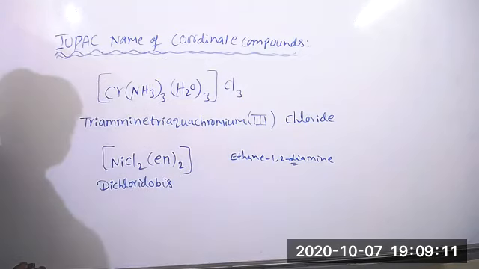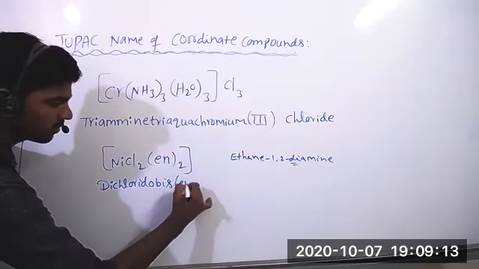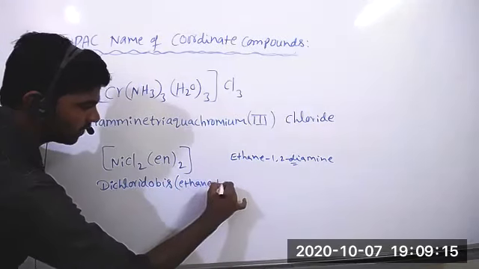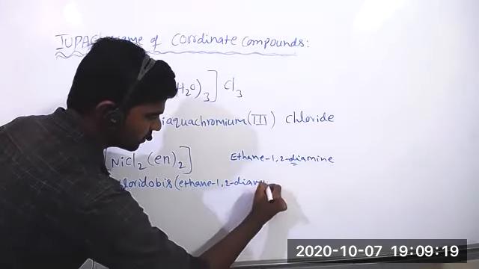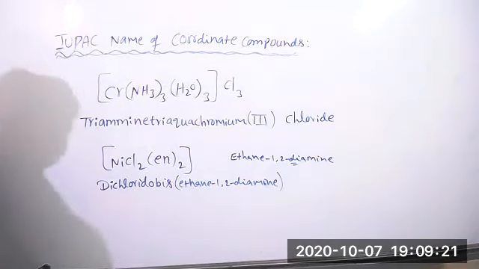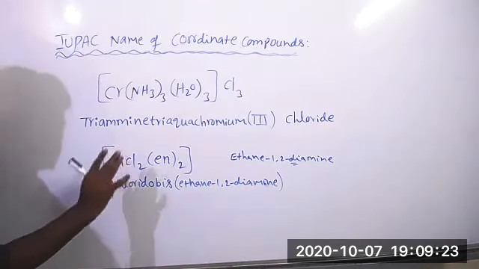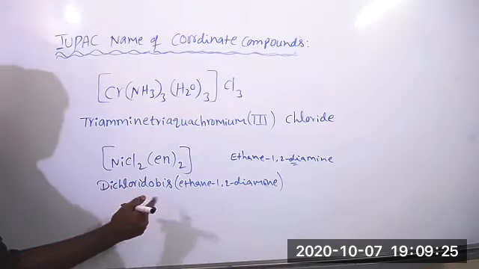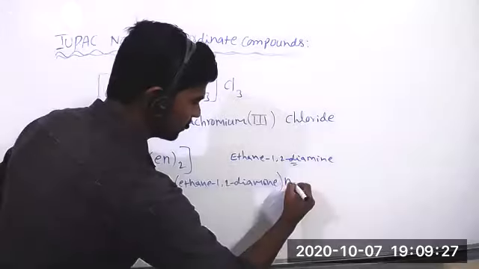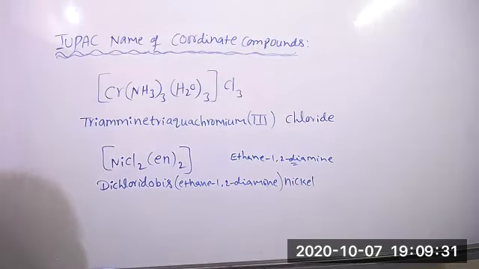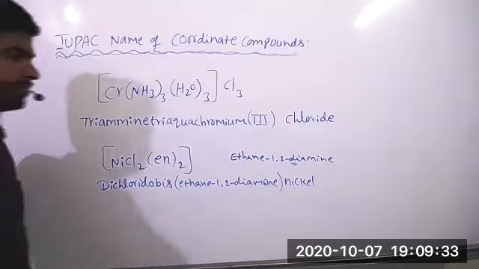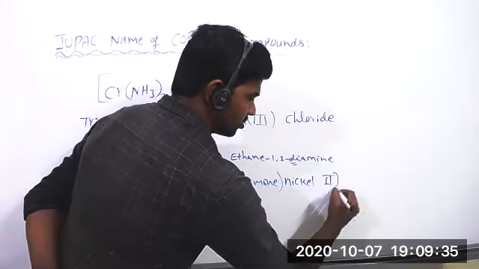Bis(ethane-1,2-diamine), close bracket, nickel. Nickel, not nickelate, because you are writing the metal name only, not a negative part. Nickel, what is the oxidation state? Let it be +2. This is it.